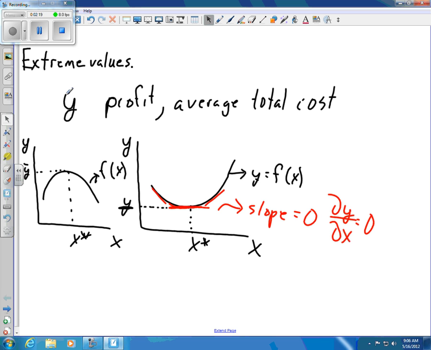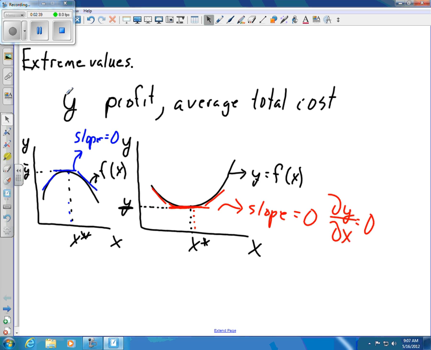And if you were to look at the curve that goes up and then goes down, you'll see it's positive, flattens out, and it becomes negative. And so where the slope is equal to 0 is where you're going to find that x that you want. And that is what we're looking for.